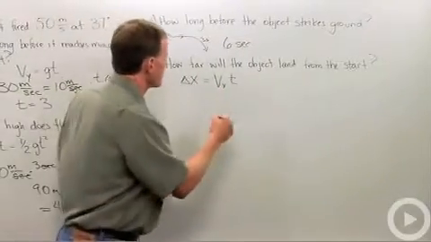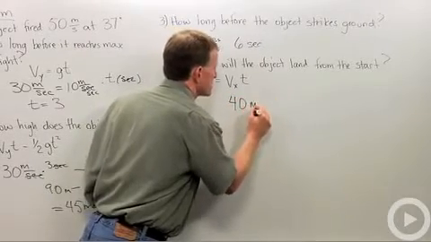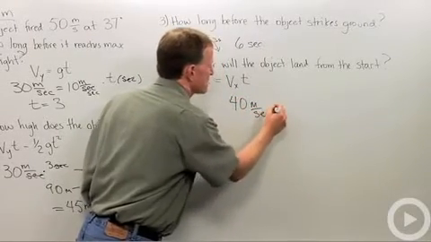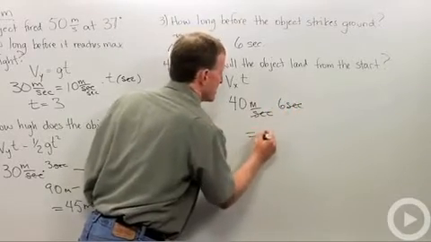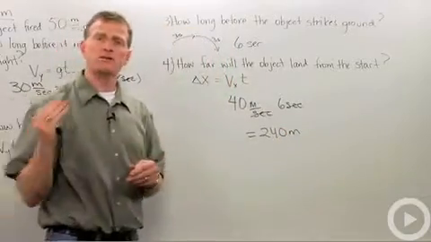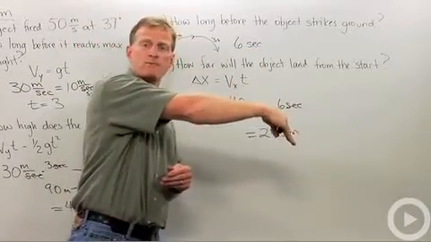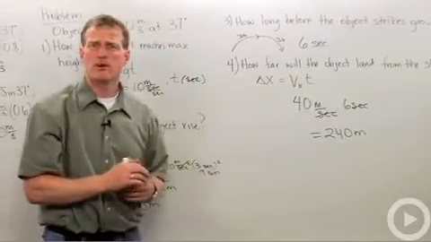So if I calculate that, I've got 40 meters per second times 6 seconds, my seconds cancel, and I get 240 meters. So my cannonball lands 240 meters away. And that's how you solve a problem and many steps of a problem using parabolic motion.